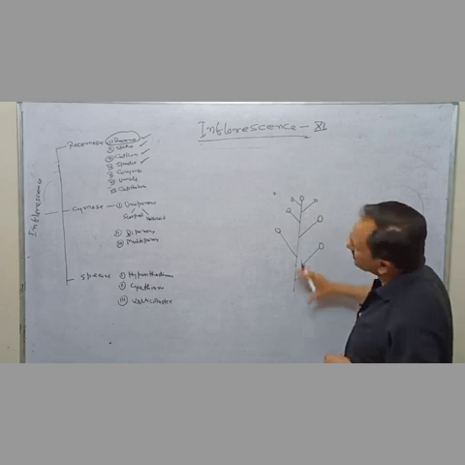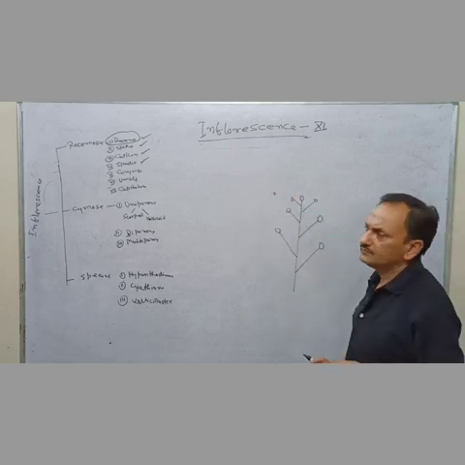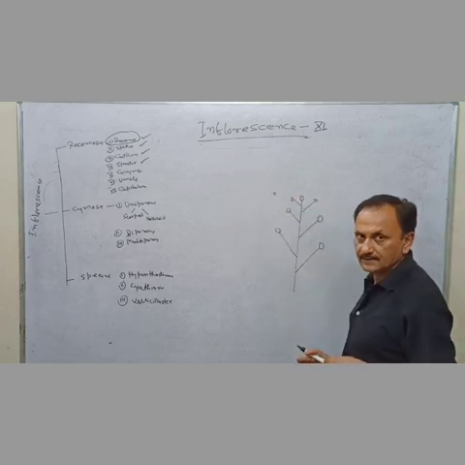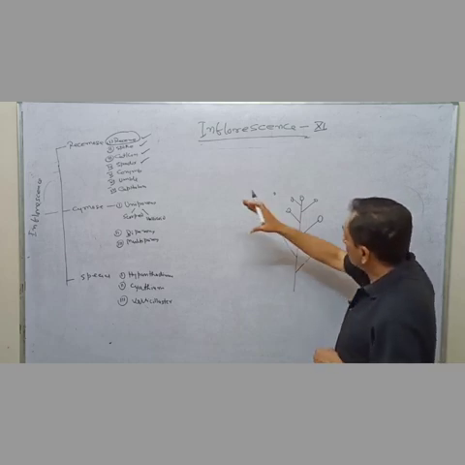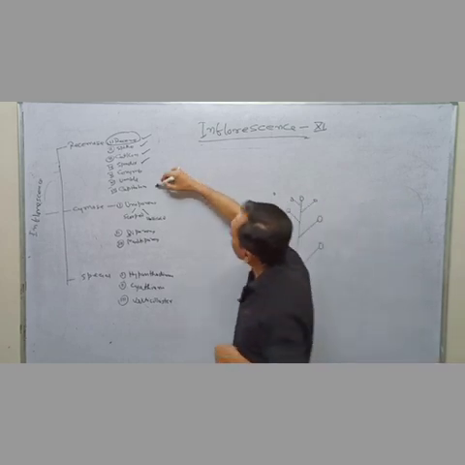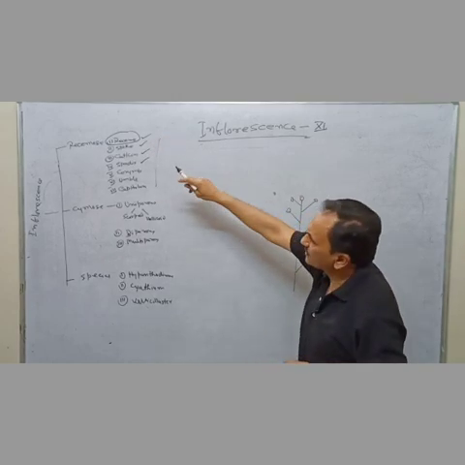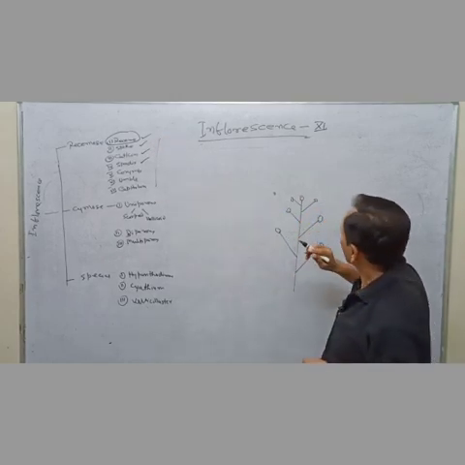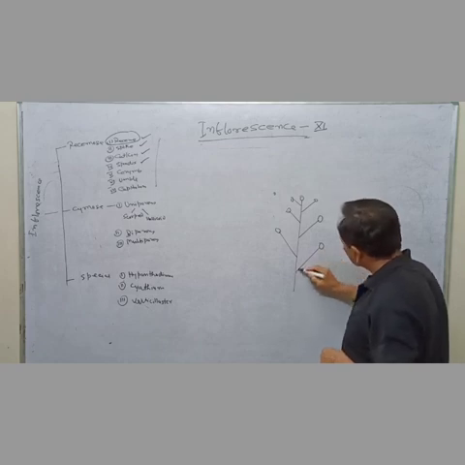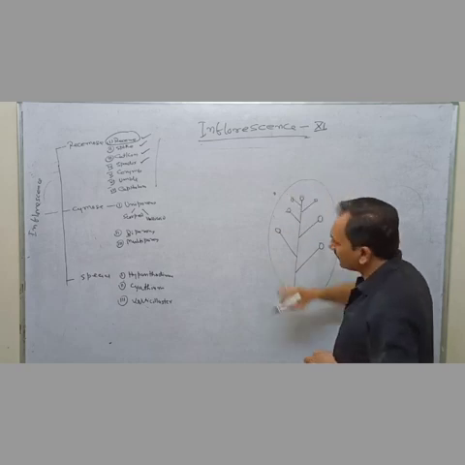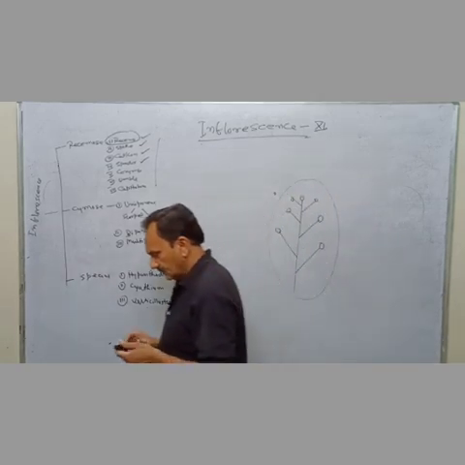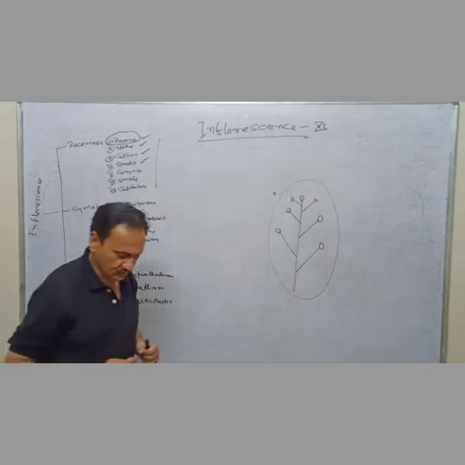Now, this will be in all of them. Firstly, you will observe that in the raceme type, the flowers are pedicellate and they are arranged in an acropetal manner.